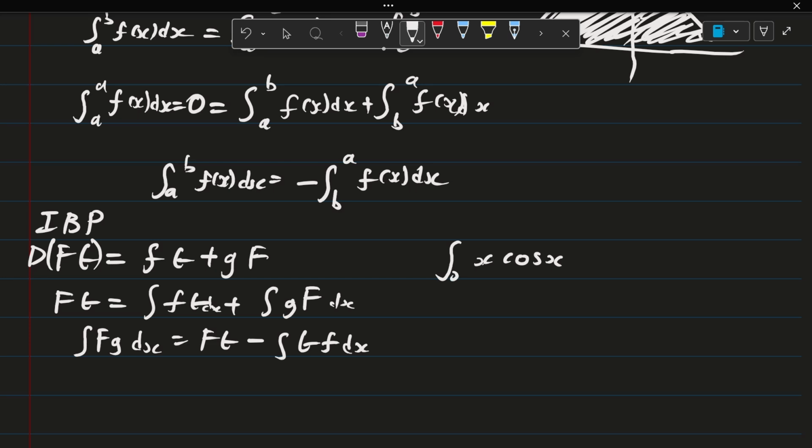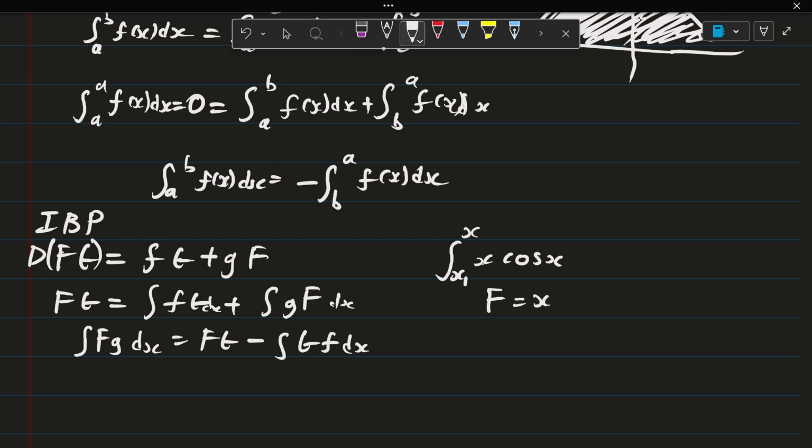We cannot truly guess it straight away, unless of course you have experience. So maybe an easy way to do this is to separate this into two parts. Something easy to think about is that you could take the derivative of x straight away, and it's going to make it much simpler.